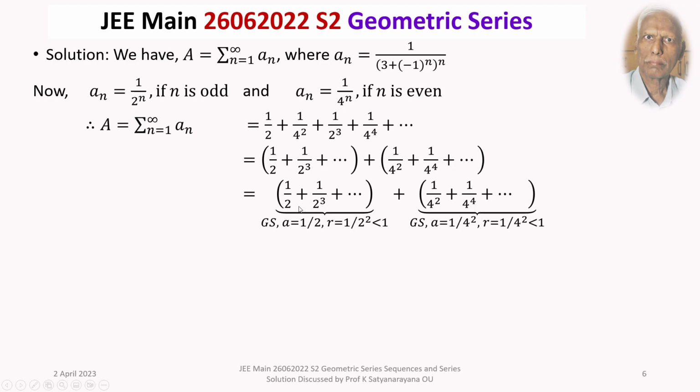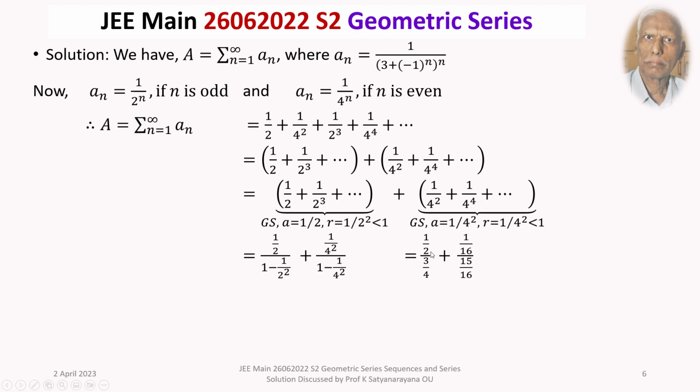Now we apply this here, and this is equal to the first term a, 1 by 2, by 1 minus r, 1 by 2 square, plus the second one, the first term a is 1 by 4 square by 1 minus r, 1 minus 1 by 4 square. Simplify: 1 by 2 by 1 minus 1 by 4, which is 3 by 4, plus 1 by 16 by 1 minus 1 by 16, which is 15 by 16.